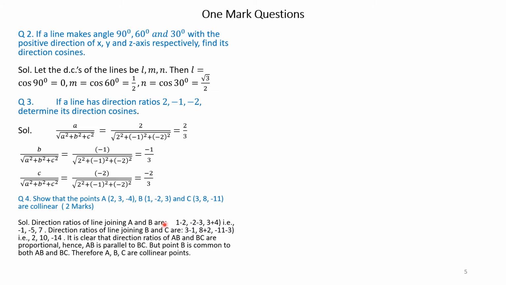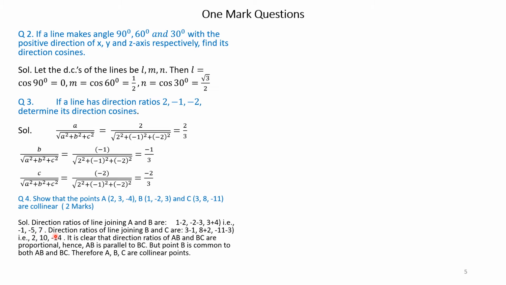The direction ratios of the line joining A and B are x2 minus x1, that is 1 minus 2, y2 minus y1, that is minus 2 minus 3, and z2 minus z1, that is 3 minus 4. That is minus 1, minus 5 and minus 7.